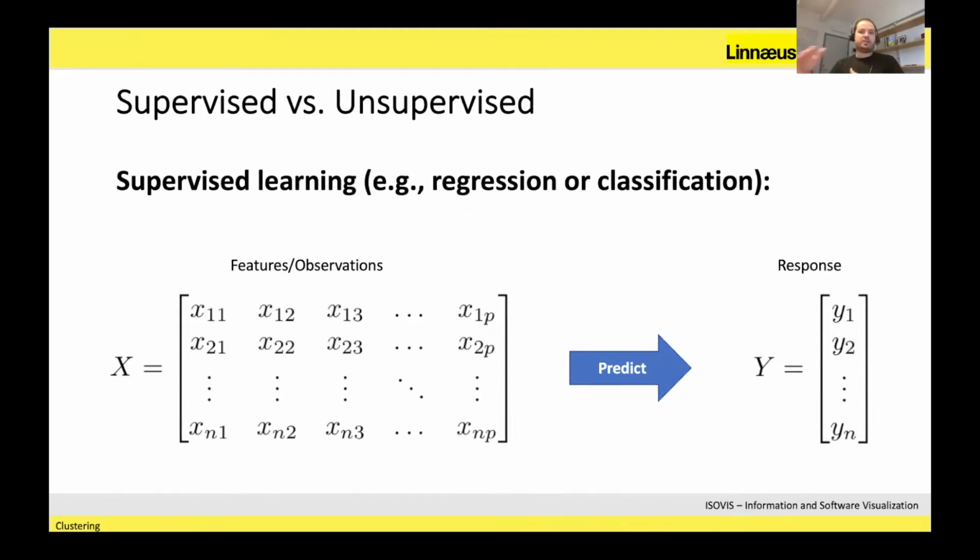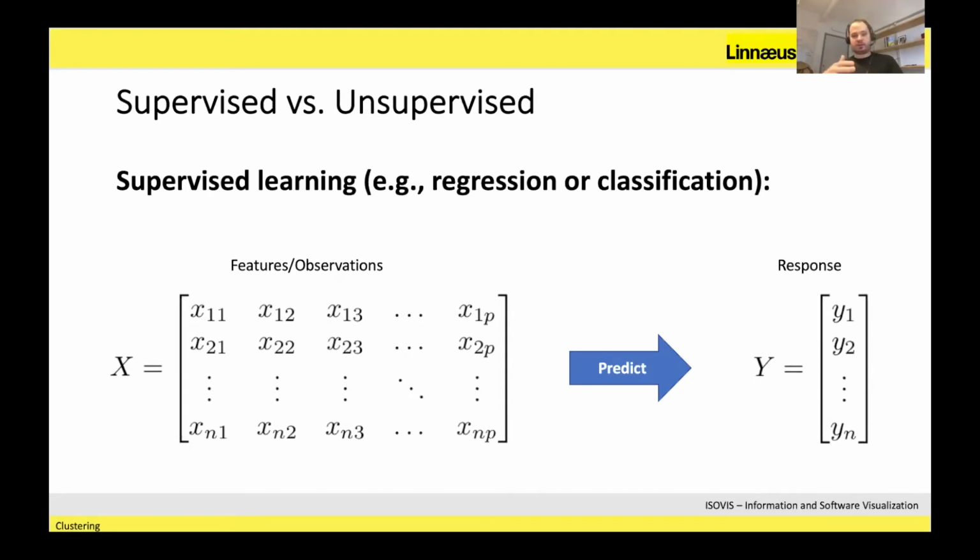So that's a continuous response variable, and that's when it's called regression. And classification is more or less the same. The only difference is that it's a discrete response variable. So it only takes a specific number of values. It could also be infinite in the case of the natural numbers or so. But usually it's a response variable that has a finite number of values, and they are discrete. So it's either class A or class B or class C, right?